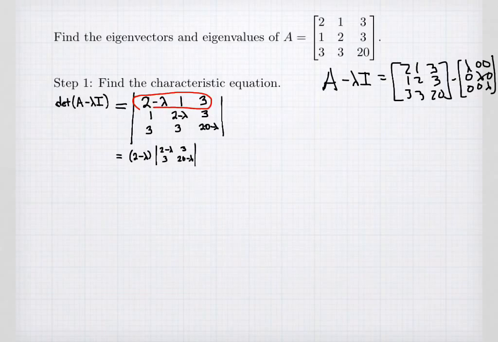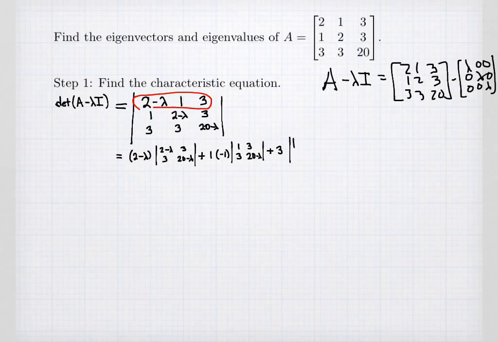And then we have our second term. We're going to add to that 1, but our cofactor is now a negative sign, so we'll change the sign and take the determinant of 1, 3, 3, 20 minus lambda. And then we'll have our third term. Again, this cofactor is going to keep the same sign, so we don't have to change anything.